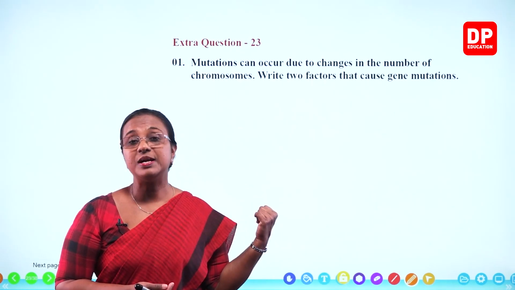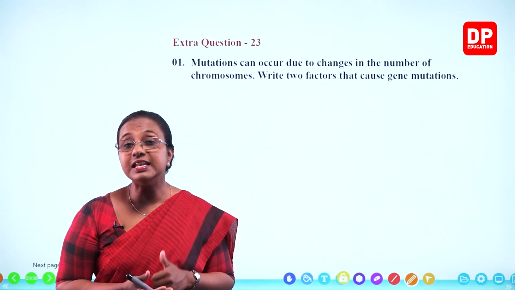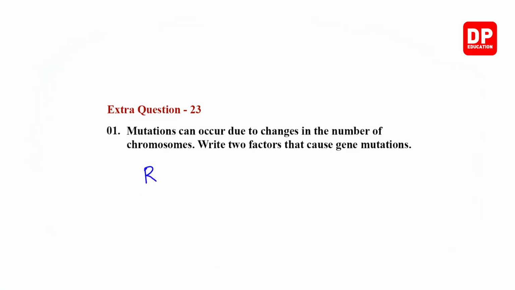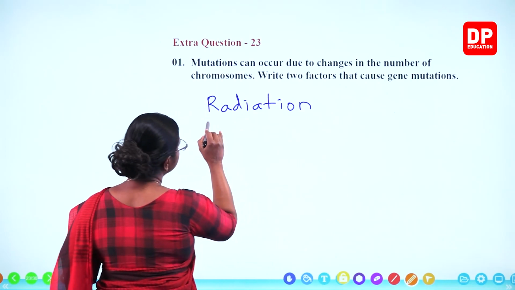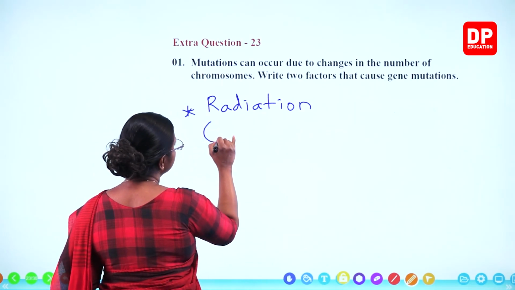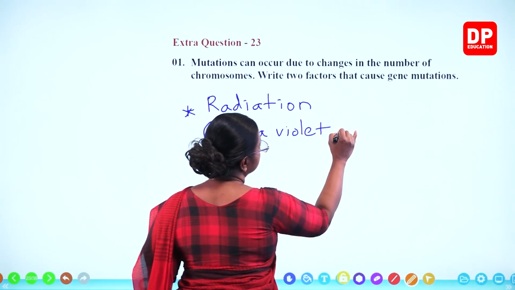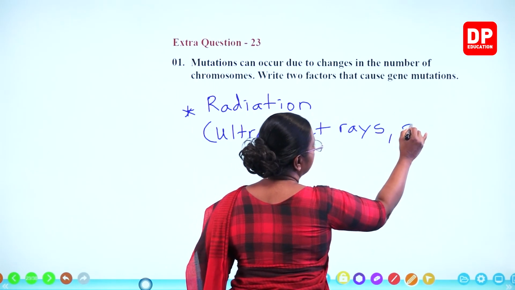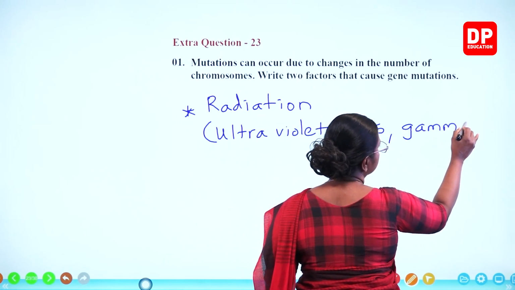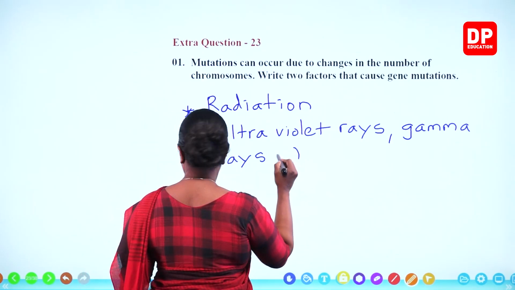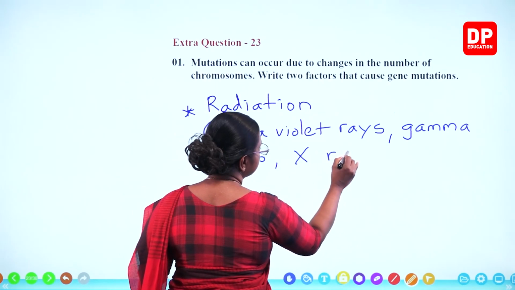So, I will commonly say radiation and chemical substances. So, here we can say radiation, or just for you all to know the examples under radiations: ultraviolet rays, then gamma rays, X-rays.